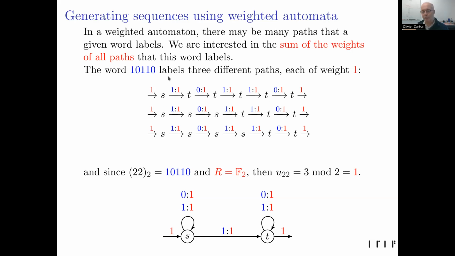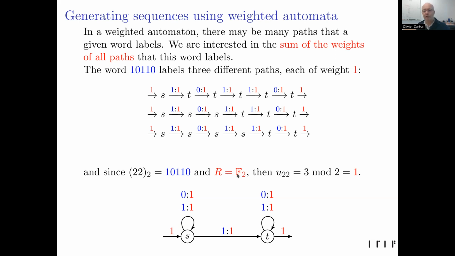So it gives a weight to each path, and then the weight of an input word is the sum of the weights of all the runs. So we will see in this example, the same example as before, that we take the word 10110, which is the binary expansion of 22.